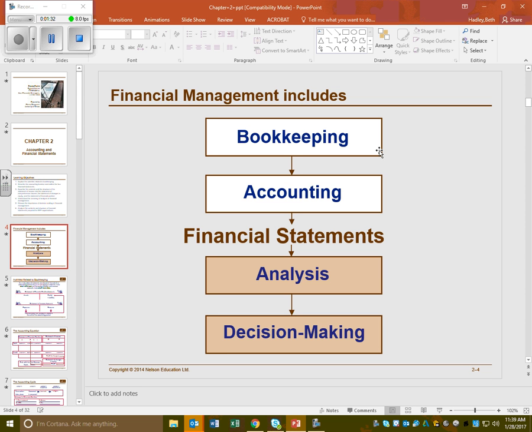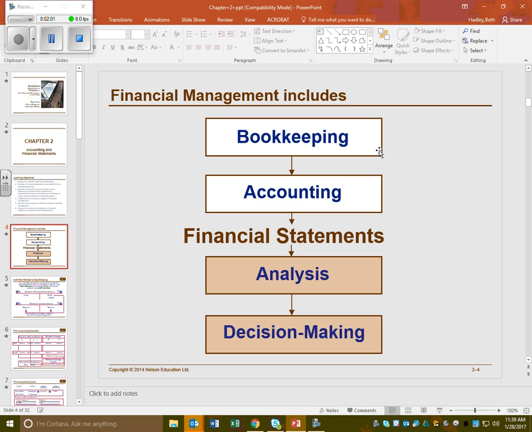And as I'm sure everybody is aware, in most organizations, I'd say probably at least 95% of organizations, this is all done electronically, so financial statements can actually be printed off from your accounting program at any moment in time. But they can also be analyzed at the end of each month.